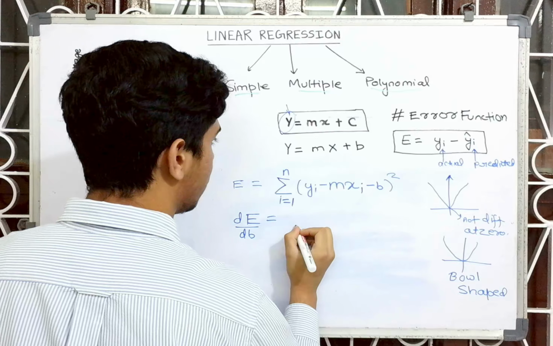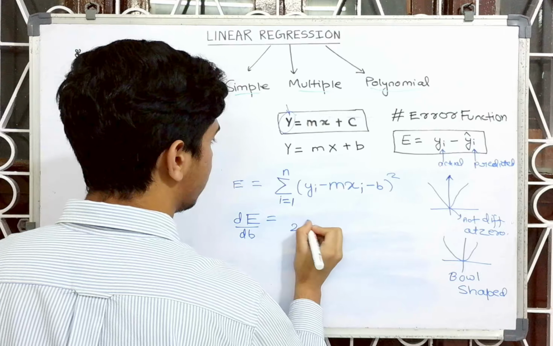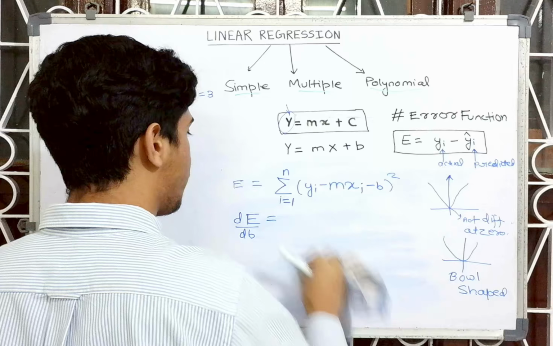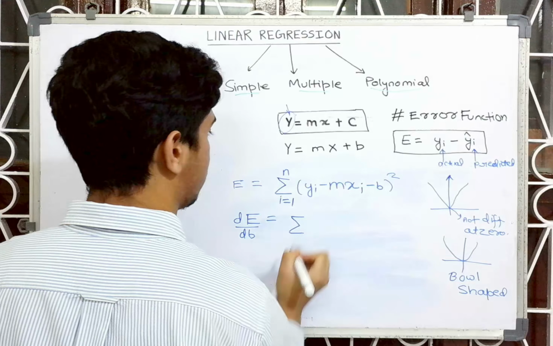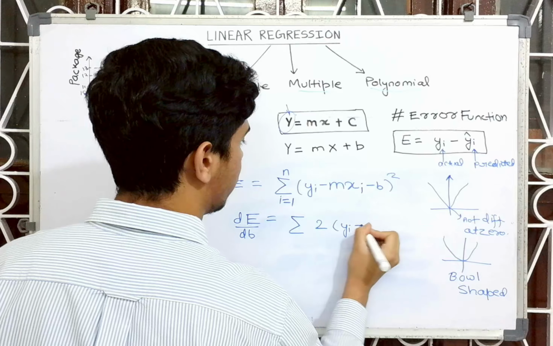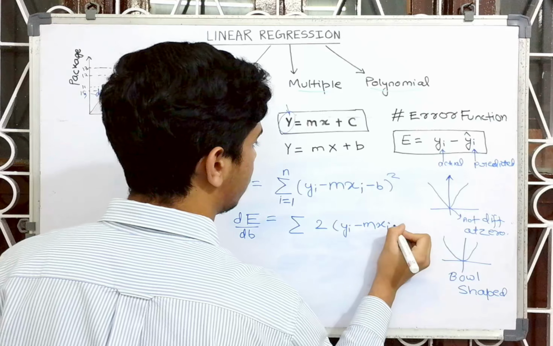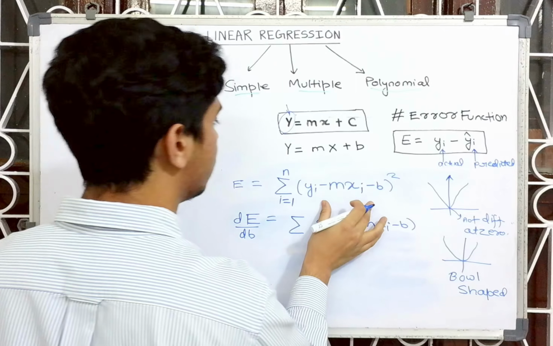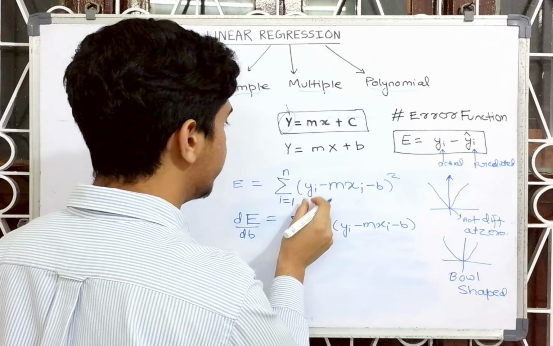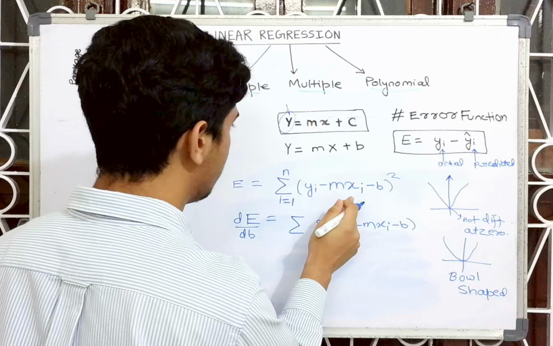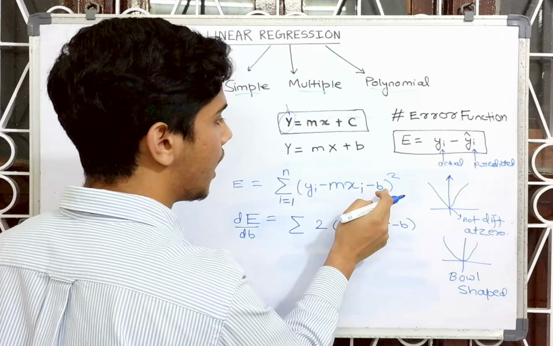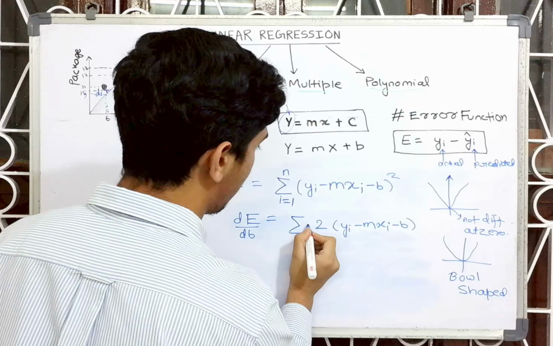So 2 will come outside, and this can be written as it was written earlier, and then differentiate whatever is inside this. If we differentiate the first term, it will be 0, and the second term will also be 0 because they don't contain the b term, and this will give us -1.